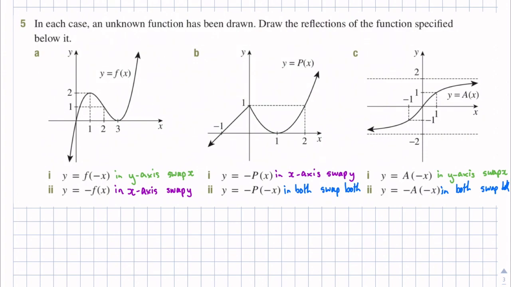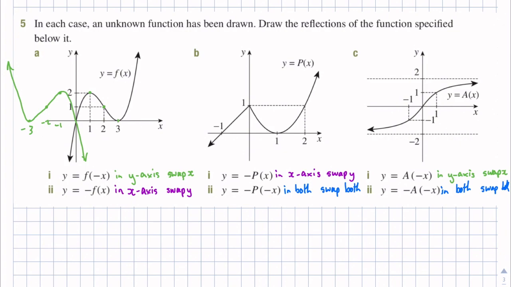If we're swapping x's, this is positive 1 here, then it's going to be negative 1 on the other one. Negative 2 on the other one. Negative 3. So we're going to end up with a graph that looks like that.